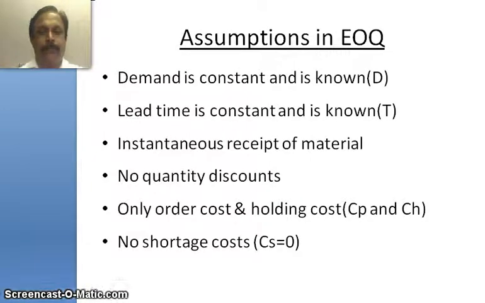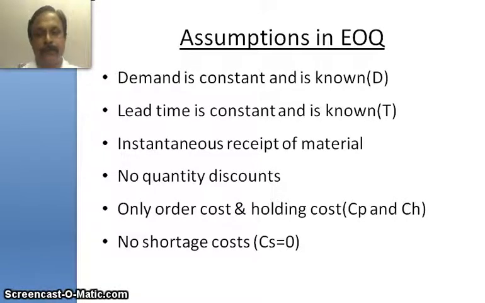Now let us make certain assumptions in the inventory while deriving the economic ordering quantity. Let demand be constant and known. Lead time, that is the time between the placing of an order and the receipt of material, is constant and known.